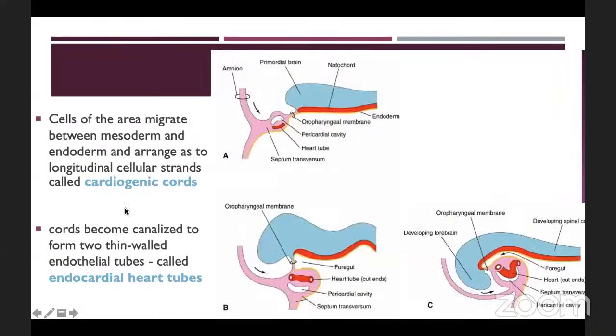So cells of the area migrate between the mesoderm and endoderm and arrange as a longitudinal cellular strand called the cardiogenic cord. Here. The cord becomes canalized to form two thin-walled endothelial tubes called endocardial tubes.